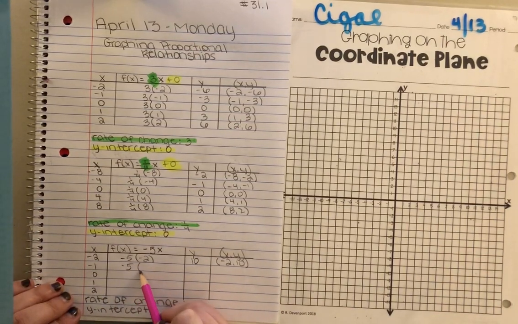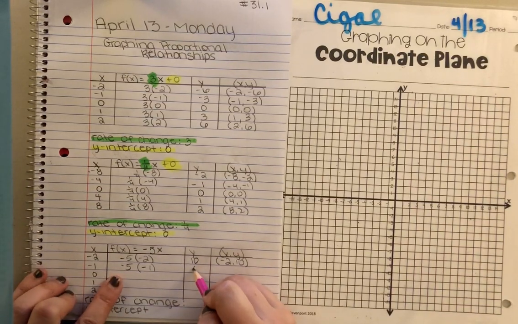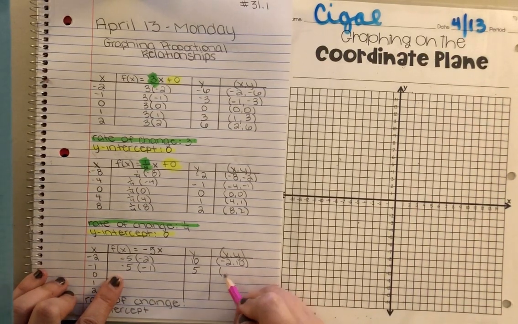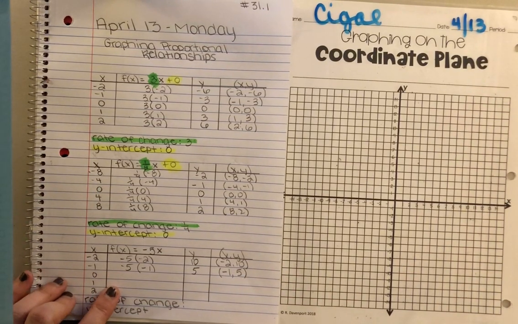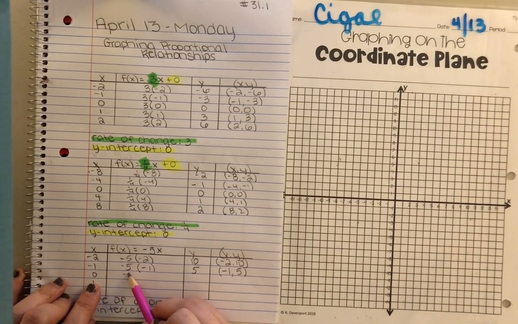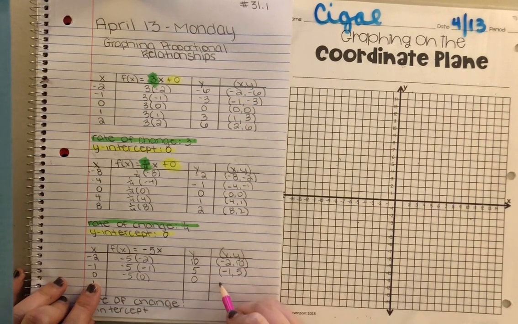Next, I have -5, and I'm going to be inputting an x value of -1, which would give me +5. So my input was -1, my output is +5. Next, I'm going to input a 0 in place of x. -5 times 0 is 0.